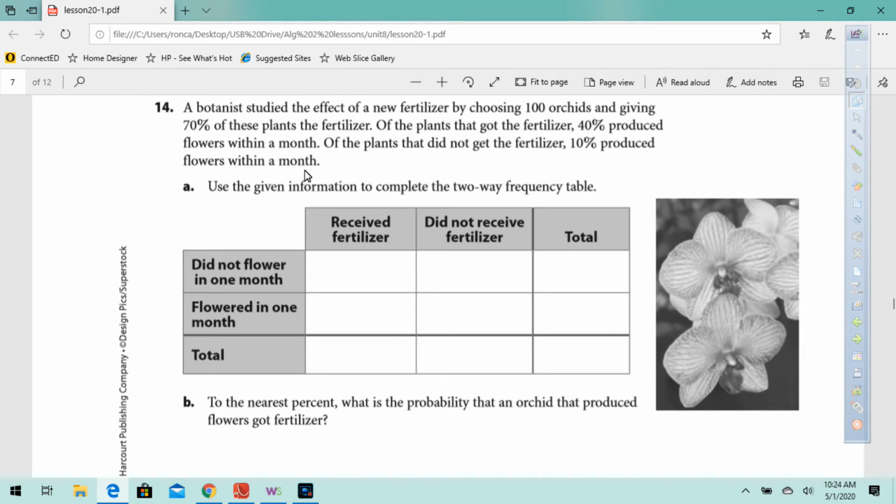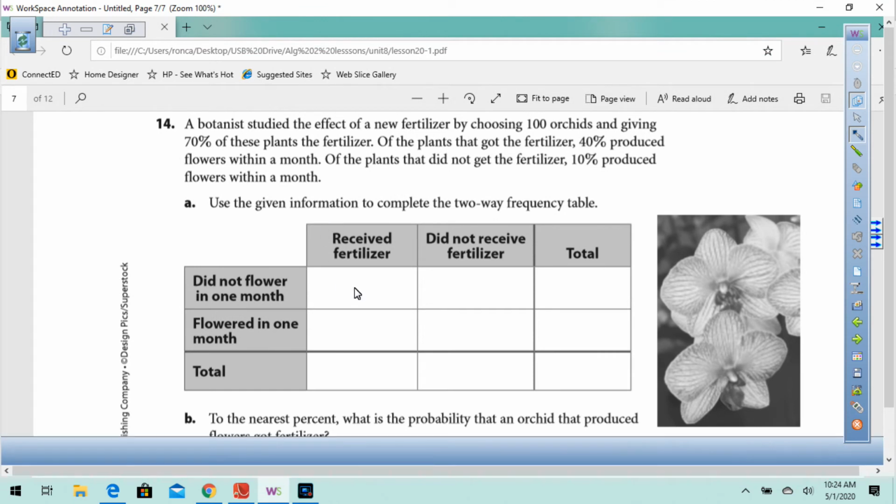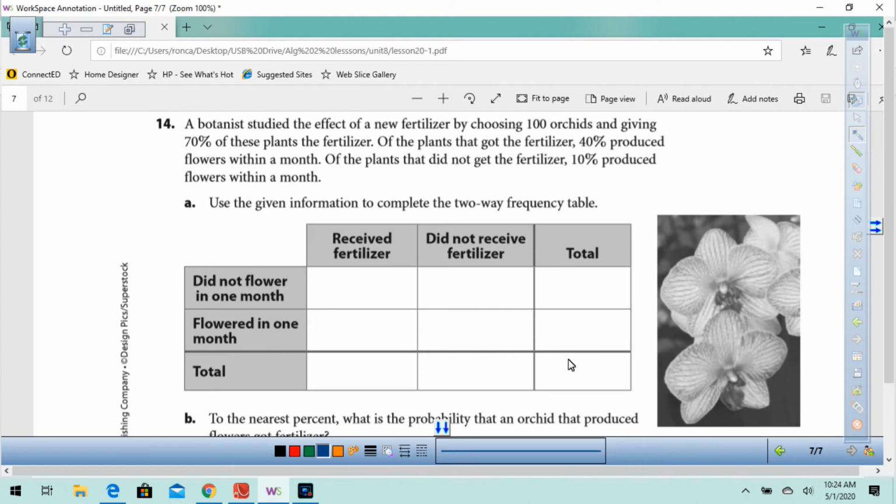Okay, so we got to fill out this table here. And let's fill out the frequency table. So what did we have here? A botanist studied the effects of a new fertilizer by choosing 100 orchids. So we have 100 orchids total.